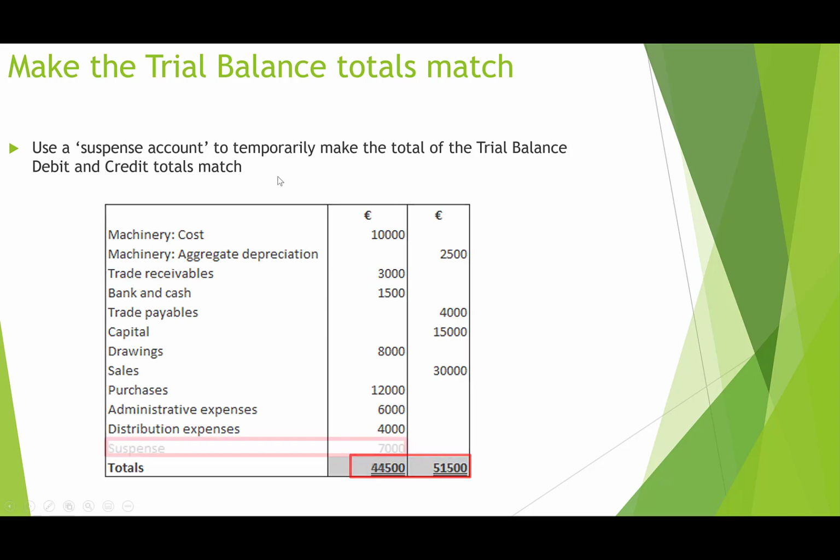In a sense, it's a fudge item. It simply is inserted to make that trial balance have the same total values on both sides. Now, of course, that doesn't really solve anything in the long term. This suspense represents errors, and we need, of course, to get solving those errors and getting rid of that suspense. And that's where this part of the module will be heading.